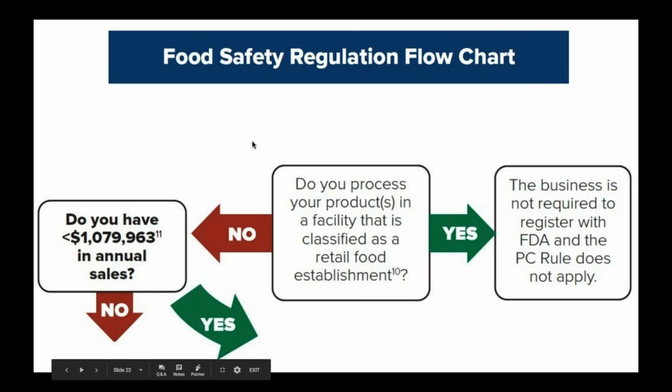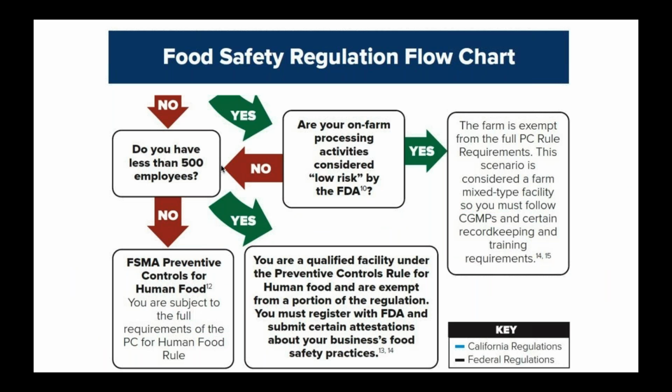So there's different parts of the regulation that if you have less than that level in annual sales that you would be exempt from. So in this case, we do have less than that level of annual sales of our salsa. So that's going to lead us over to another box.